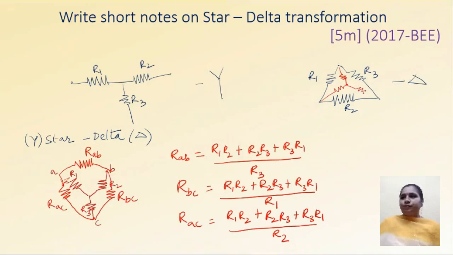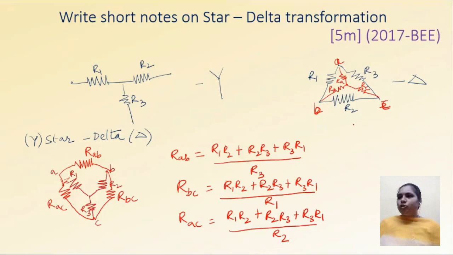Let the points be 1, 2, and 3, or you can also take A, B, C, because I already have taken 1, 2, 3. So this resistor is RA. This resistor is RB because it is connected to point B. This resistor is RC because it is connected to point C.